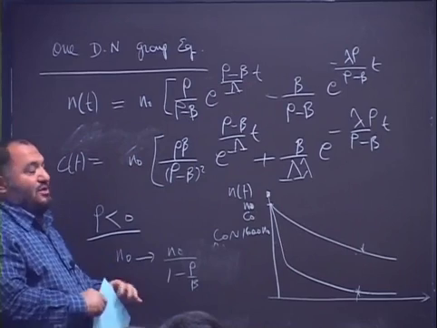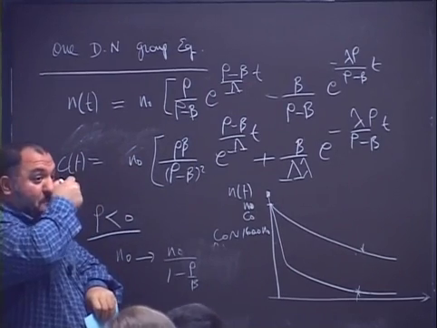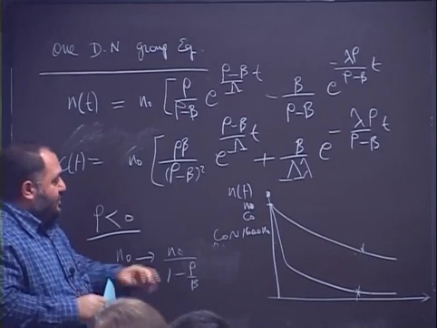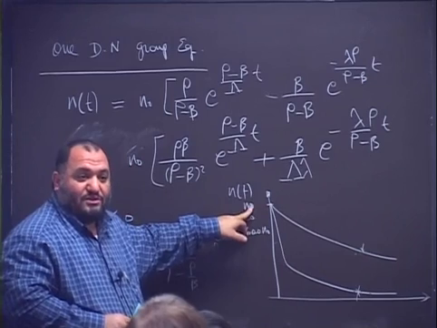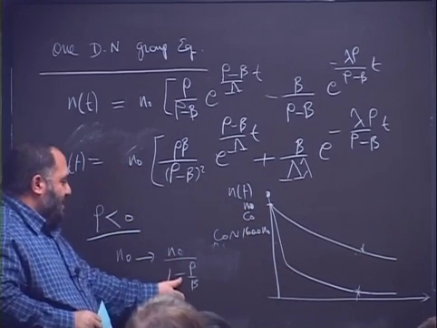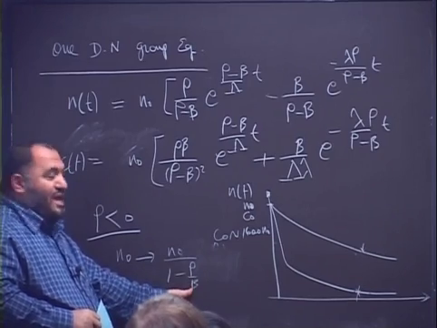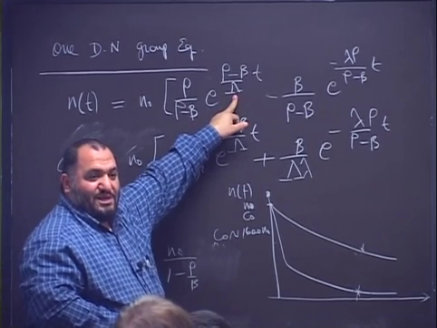What does it mean? It means that your neutron population drops from an initial value of n naught to this final value of n naught over 1 minus rho over beta in just 1 tau.